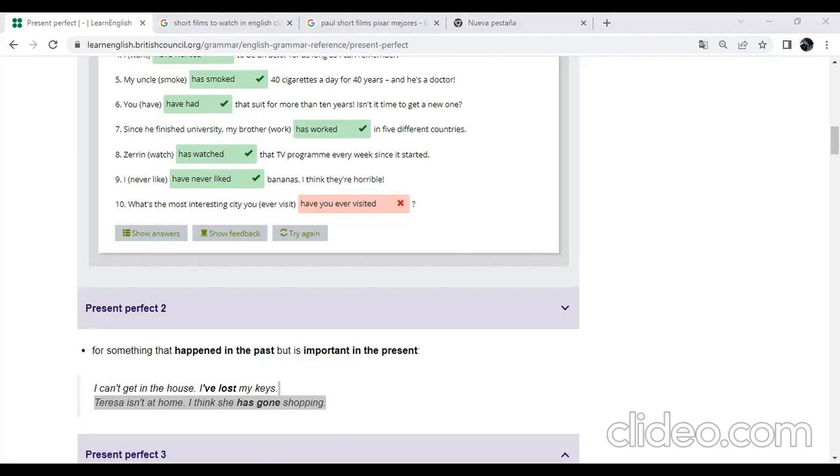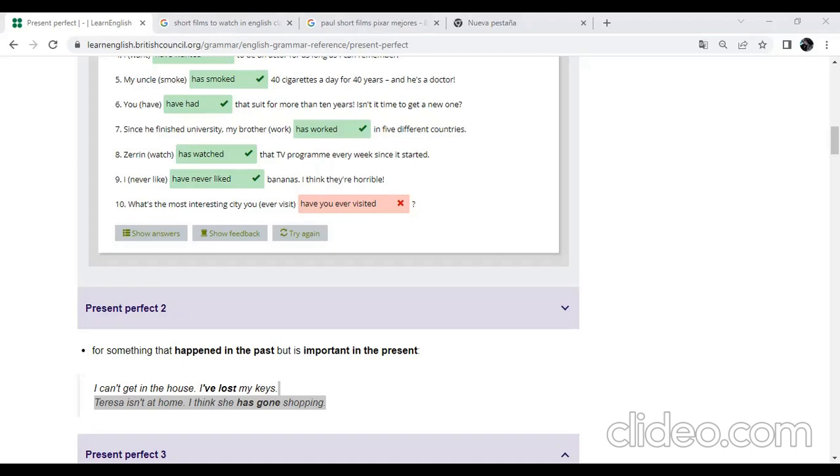watch the following rule for something that happened in the past, but it's important in the present. These sentences represent something important and relevant in your lives, right?